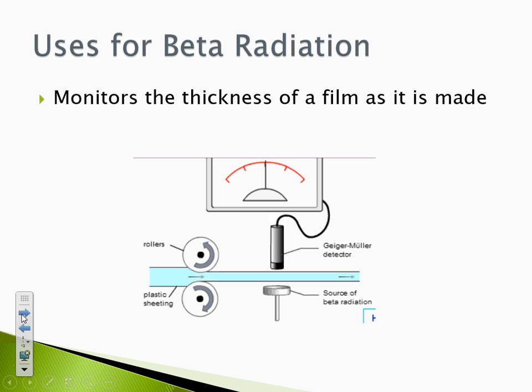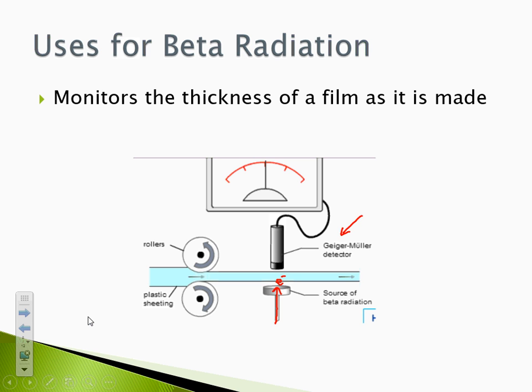They use beta radiation, for example, to monitor the thickness of a film, such as plastic. So say you're manufacturing a certain thickness of plastic, they can send electrons through, coming through this device. It's sending out electrons, and this Geiger counter detects the electrons.